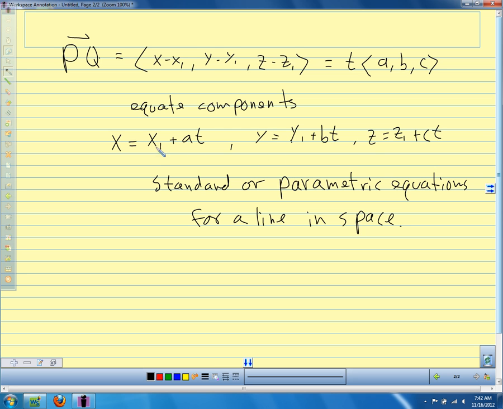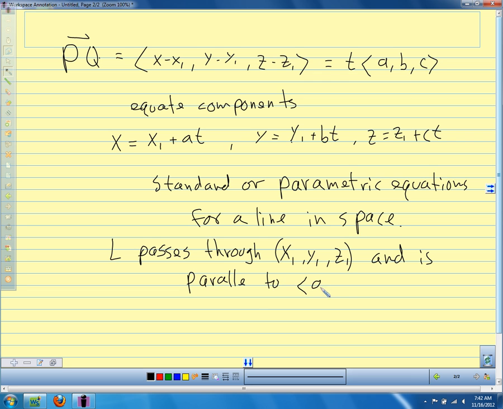And just to be clear, from these equations, our line L passes through the point x1, y1, z1, and is parallel to the vector a, b, c.